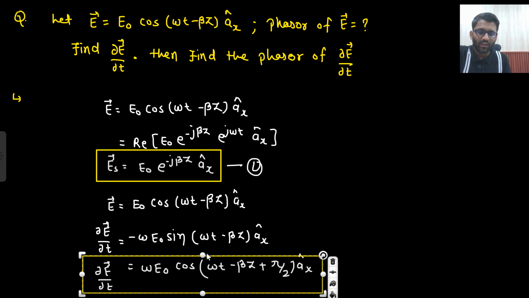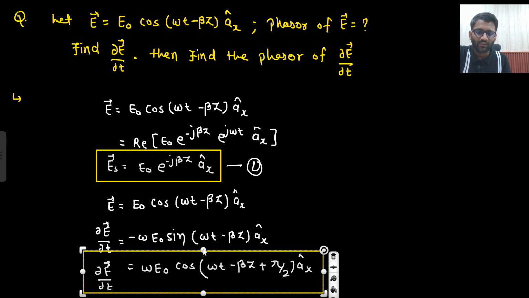Now if you need to write down the phasor of this, can you write down the phasor of del E by del t? This is what you need to write down. So what is your del E by del t?